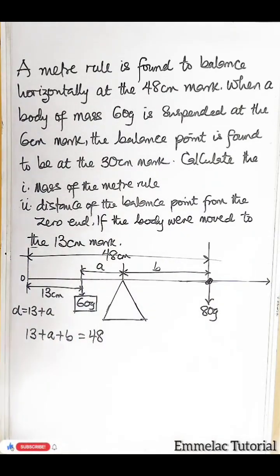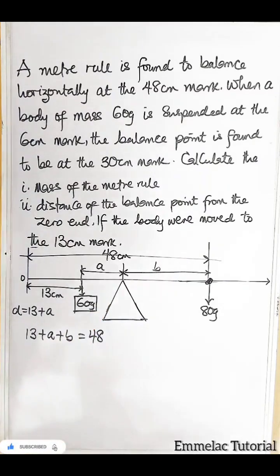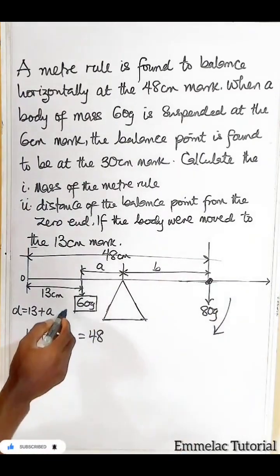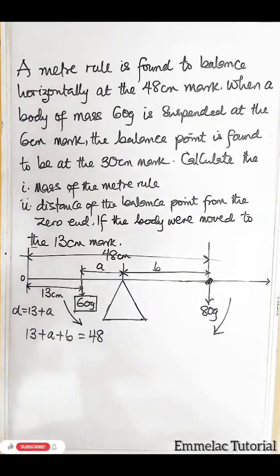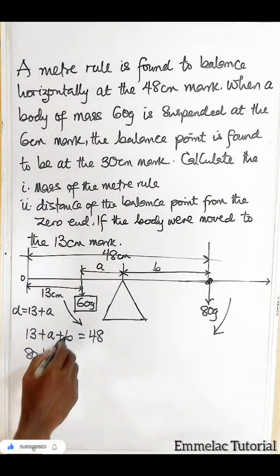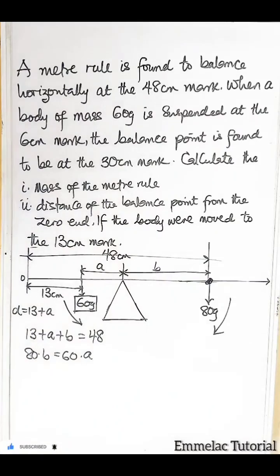That is the total distance. Now let us also take moments about the pivot, with a clockwise moment and an anti-clockwise moment. So here we have 80 times B equals 60 times A, right?